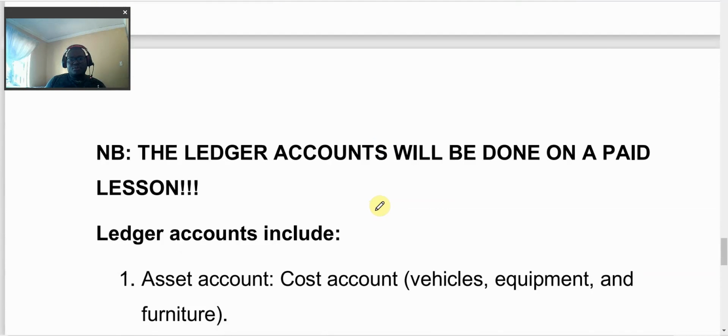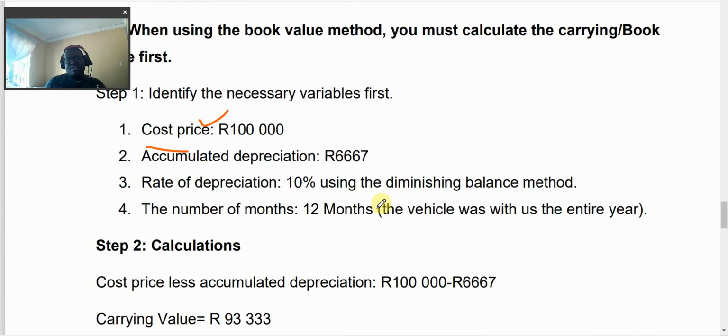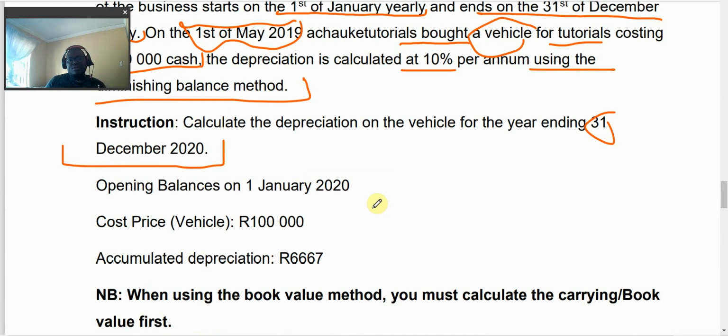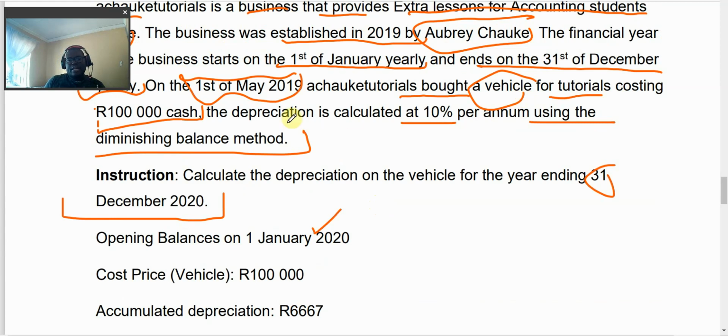On the information, we're supposed to have opening balances for those accumulated depreciations and so forth. So here they're saying the opening balance of the car that this business had on the 1st of January. Remember this vehicle was bought in 2019, right?